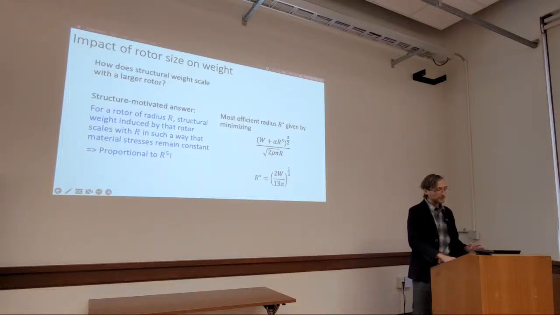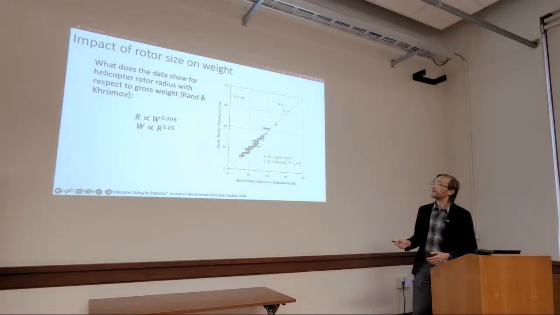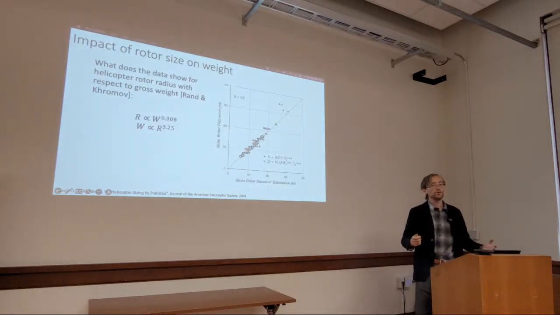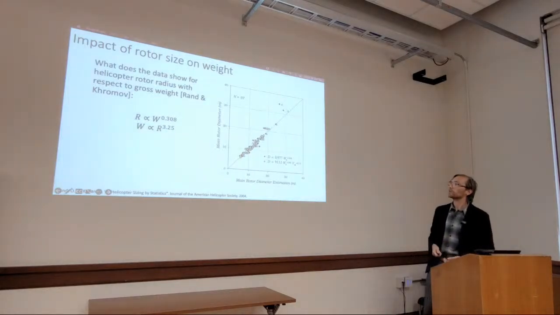But in general, if we assume that we have some sort of dependency, which can actually be verified by data, here we have, in the book by Leishman, Helicopter Sizing by Statistics, the author looked at many different types of helicopters ranging in weight and looked at the rotor size and showed a good correlation between the radius of the rotor and the weight of the helicopter to the power of 0.308.